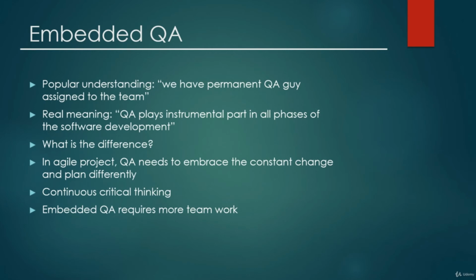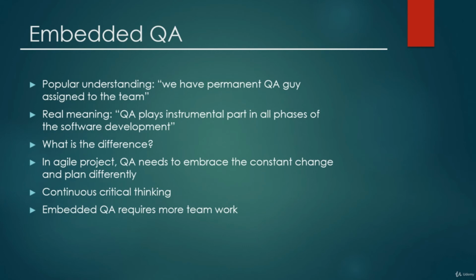So a little bit more about embedded QA. Usually it's understood as, oh, we have this QA guy who is permanent to our team, so he's here to test when we have something to test. In reality, what it really means is that QA is a big part in all phases of the software development. That means that we actually have a QA available even in the early stages of the development, and the QA's focus is going to shift depending on how the progress of the software development goes.